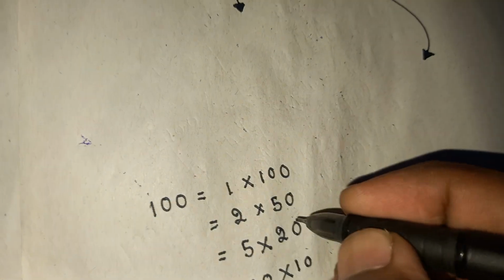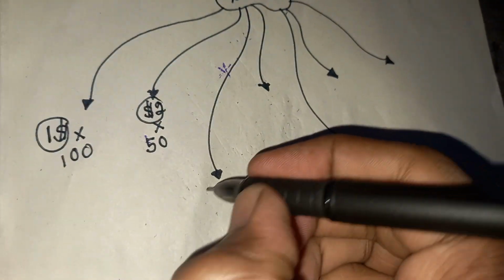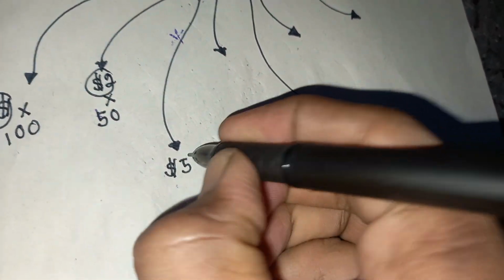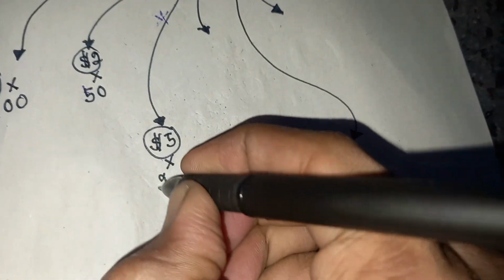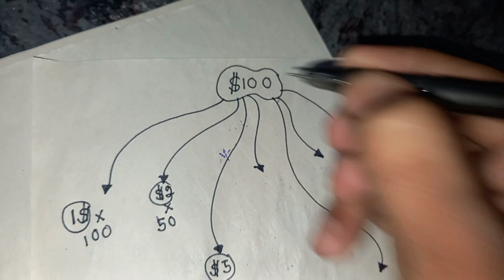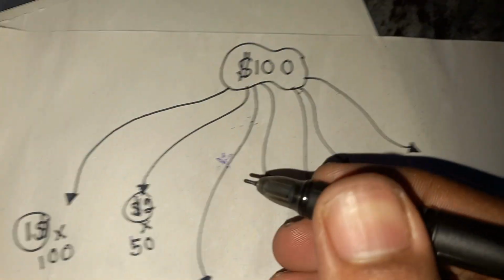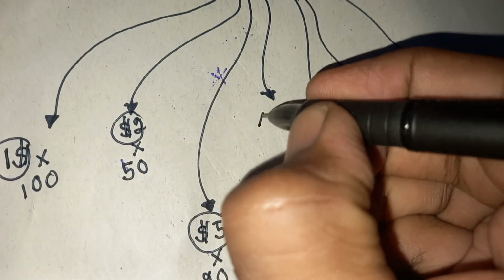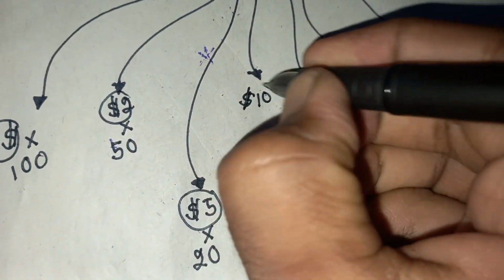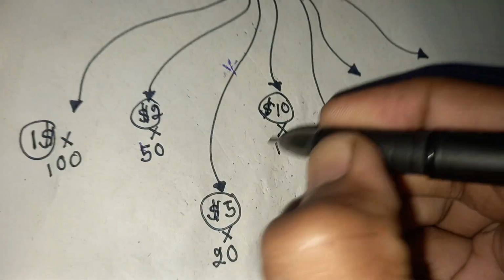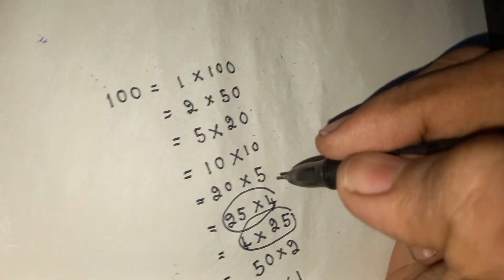Or you can take 20 $5 bills, which going to make 100. Or you can take 10 $10 bills, 10 times 10, which make $100.